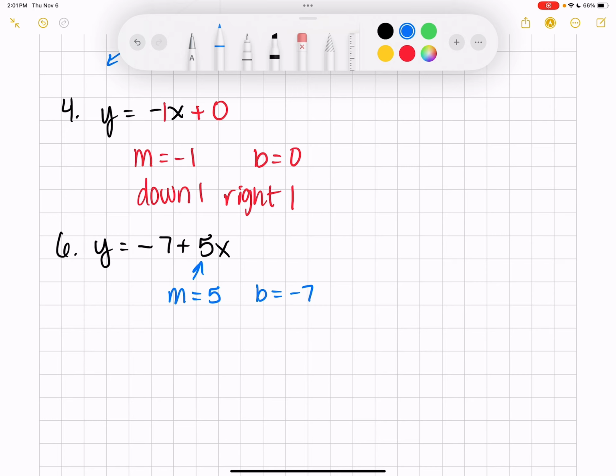Slope is what's in front of x, yes. All right, so this slope, it's a positive number, so that tells me I'm going to go up 5, right 1.